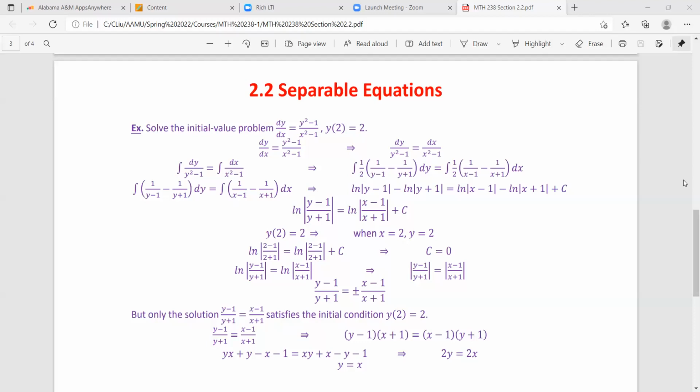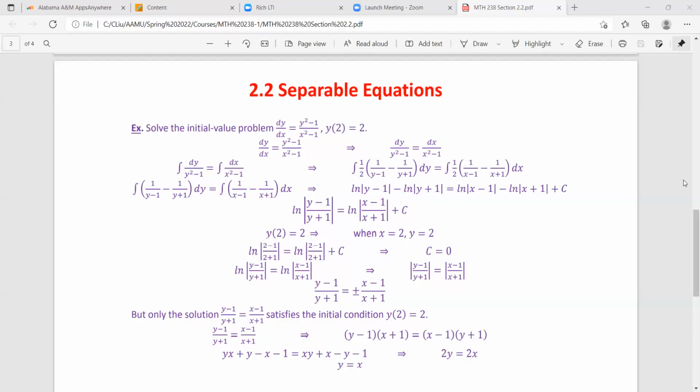So 2 minus 1 over 2 plus 1 on the left, if you plug in 2 for y, and then if you plug in 2 for x on the right side, you get 2 minus 1 over 2 plus 1. And so you get 1/3 on the left and 1/3 on the right, with only the plus sign valid. The negative solution does not satisfy the initial condition. 1/3 is not equal to negative 1/3, right?